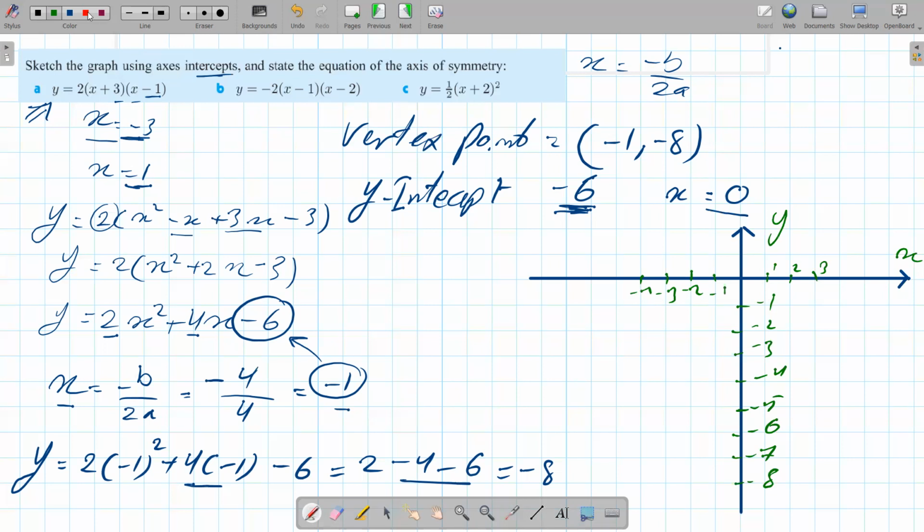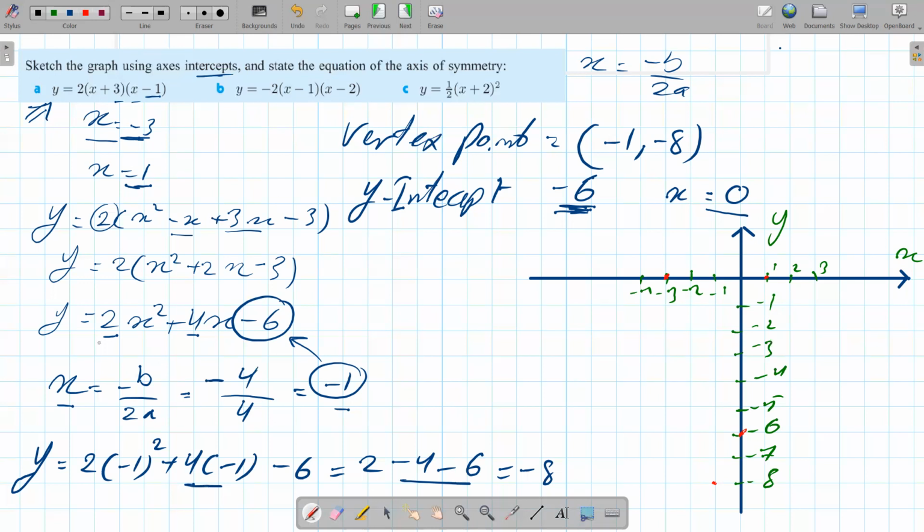The first point to plot should be -1 and -8, which is the vertex point. After that, the y-intercept, -6. After that, the x-intercepts at -3 and at 1. Then we're gonna graph our quadratic equation.